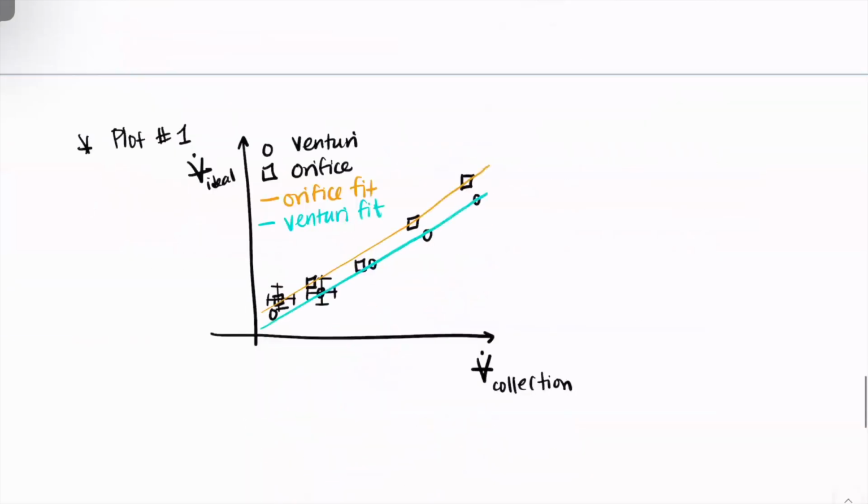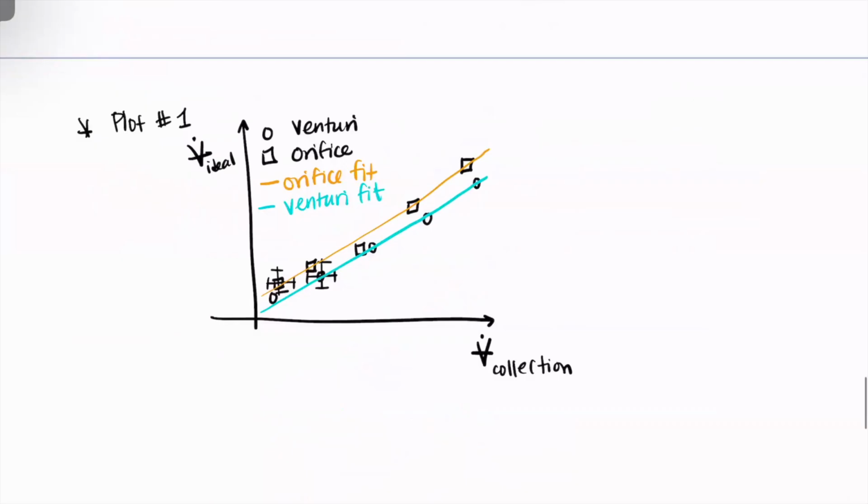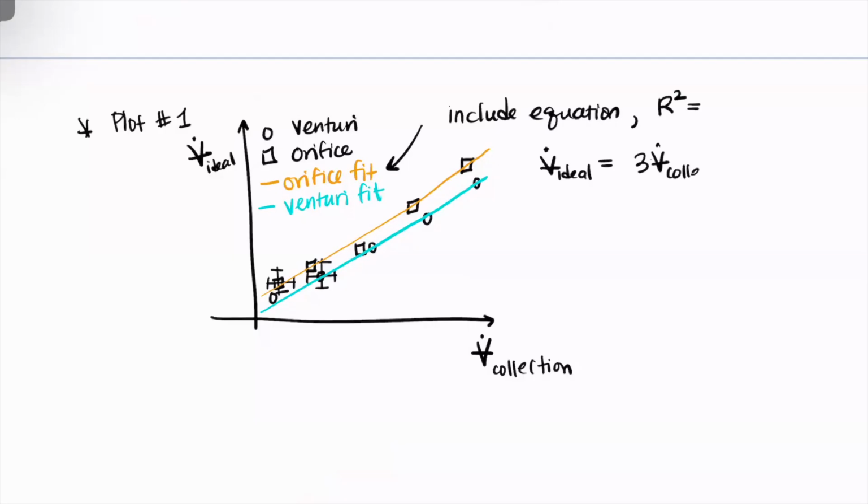Okay, make sure you put the equation on the graph. And next to the equation, you will have your R squared value. So for example, something like V dot ideal equals 3 times V dot collection plus 2.